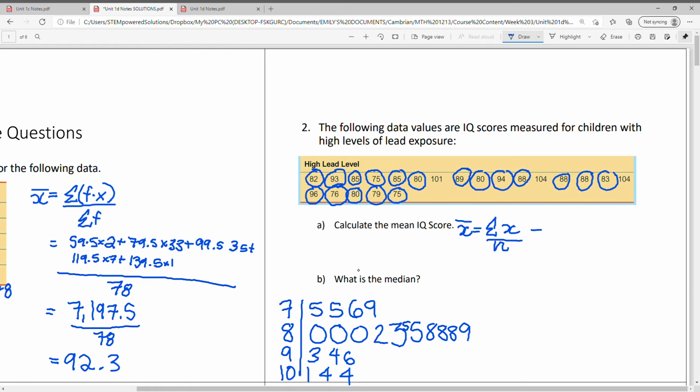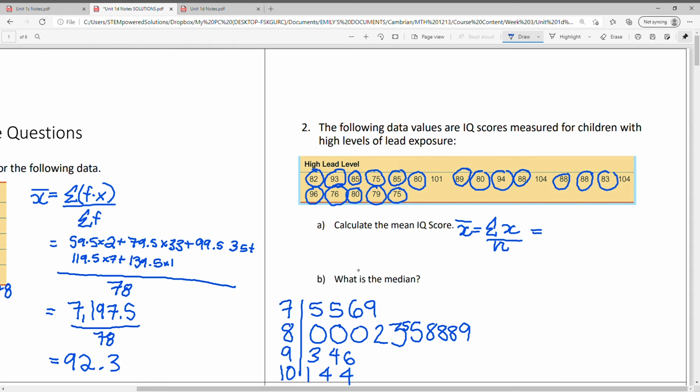So that will be equal to 82 plus 93 plus 85 plus 75 plus 85 plus 80 plus 101 plus 89 plus 80 plus 94 plus 88 plus 104 plus 88 plus 88 plus 83 plus 104 plus 96 plus 76 plus 80 plus 79 plus 75.